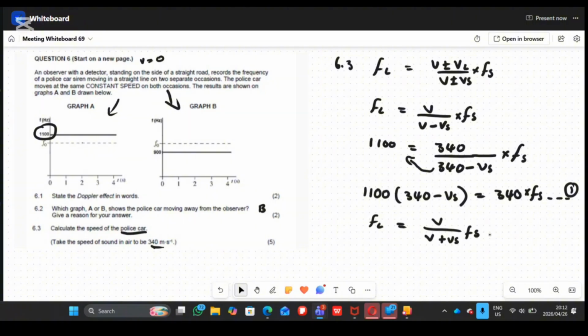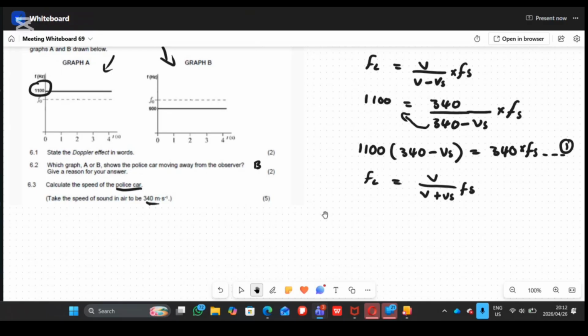That is my scenario, my graph number 2. Which means I'm going to say now 900, that is the frequency of the listener, is equal to 340 over 340 plus Vs, because I don't know, multiply by Fs.